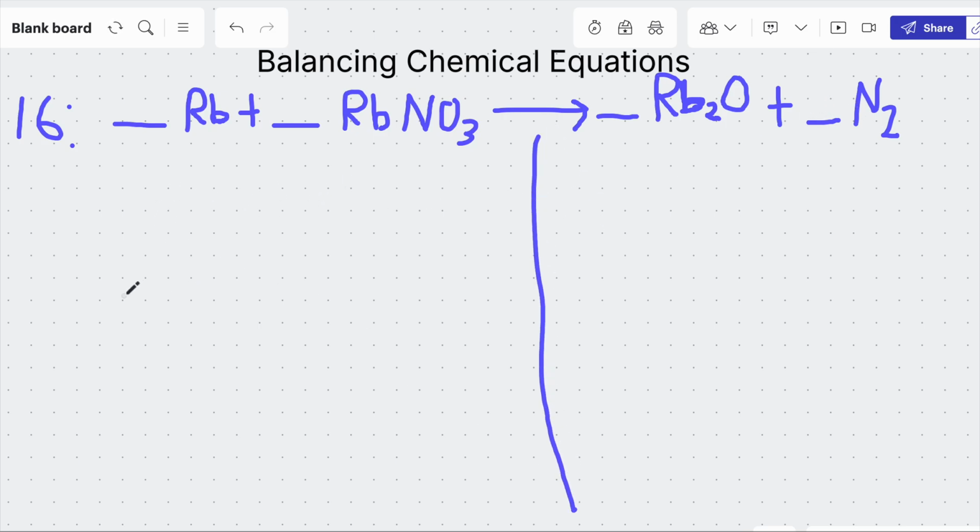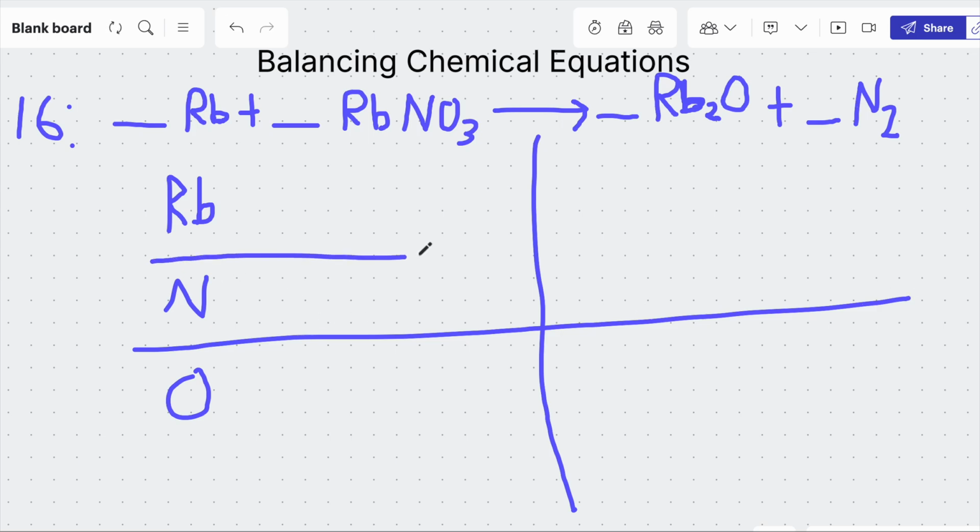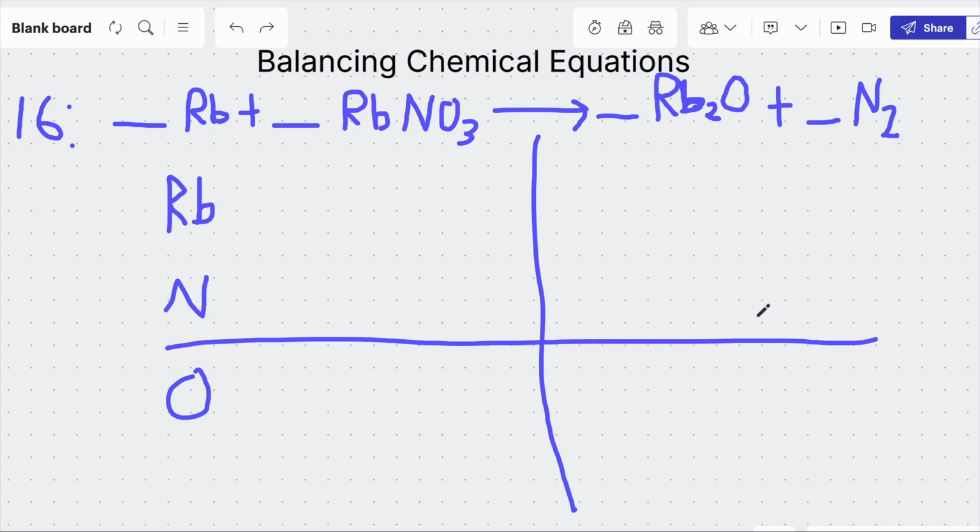So, look at our elements. We got Rb's. We got N's. And we got O's. Anyways, okay, let's count our atoms.